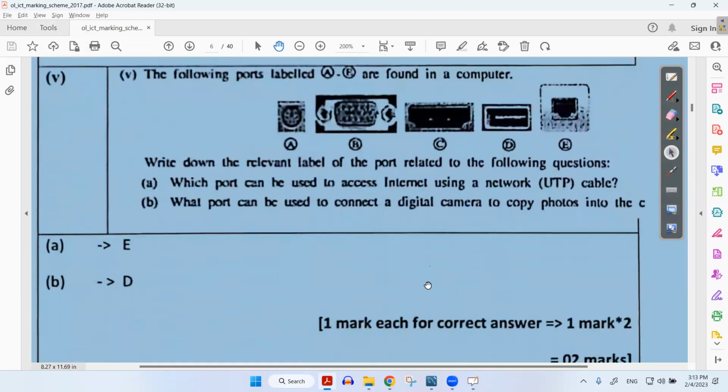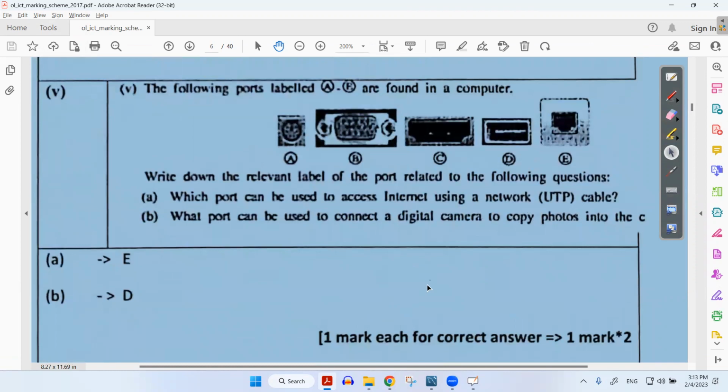Then comes the 5th question. So they are asking 2 questions. Which port can be used to access the internet using a network UTP cable? So it's going to be the RJ45 one, which is E. What port can be used to connect a digital camera to copy photos into the hard disk or into the computer?